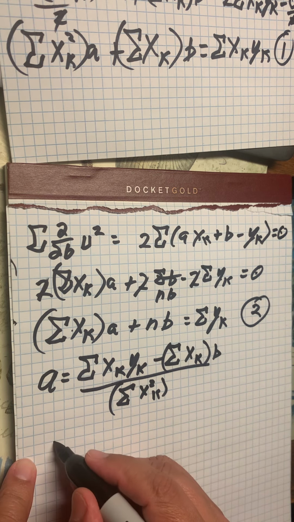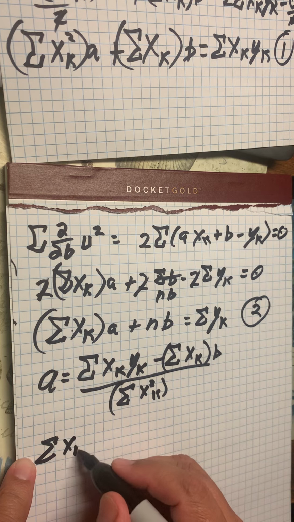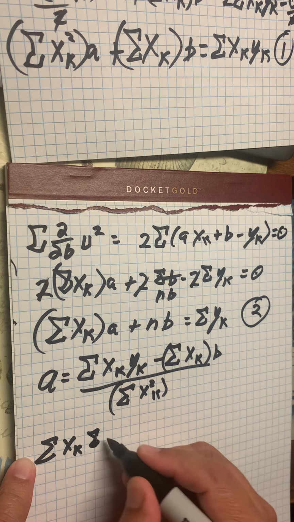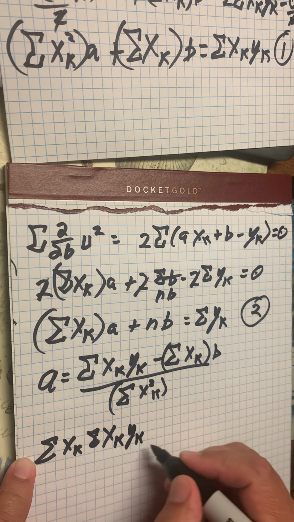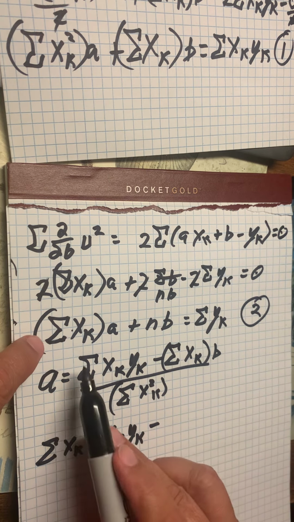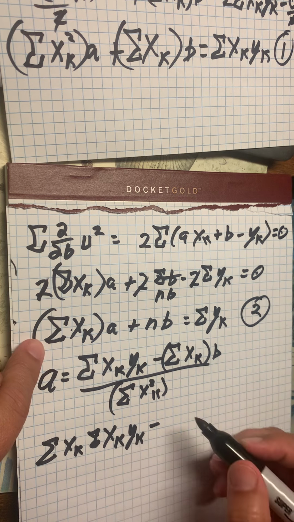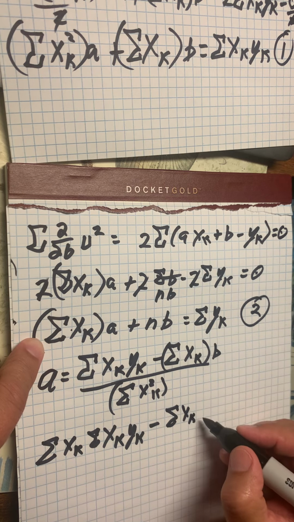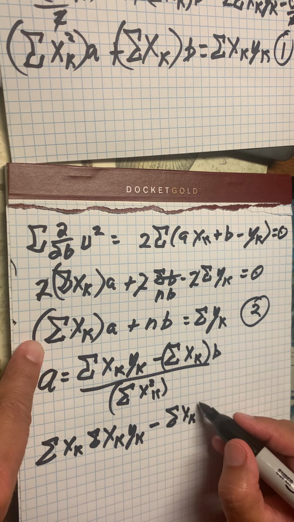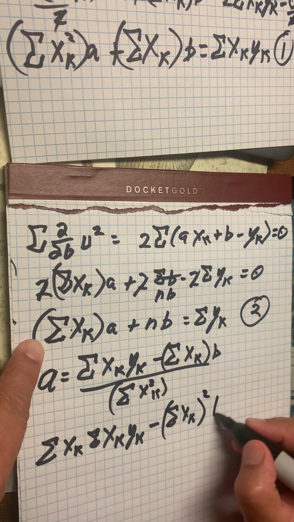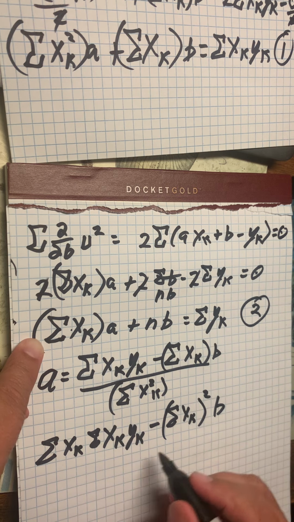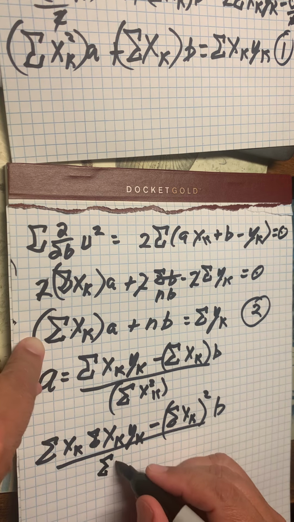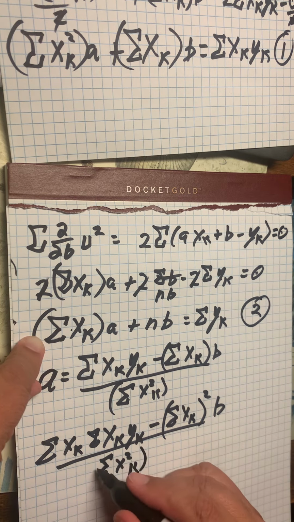So that will give us xk and then a, so we'll plug all this in, (axk + b - yk) minus, and we'll bring this over, xk, that will be xk squared b over the summation of x squared k.